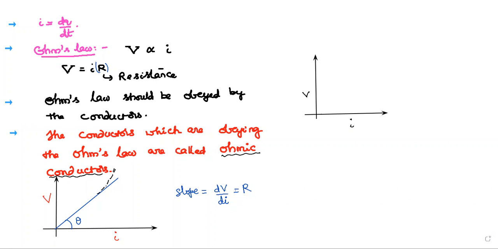You will find some non-linear relation, either like this, non-linear of any kind, even like this, or first increasing and then decreasing like this. Any kind of non-linear relationship you can find there. These are called non-ohmic conductors, which do not obey.